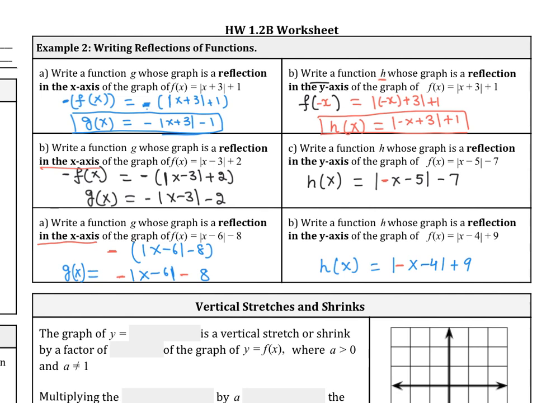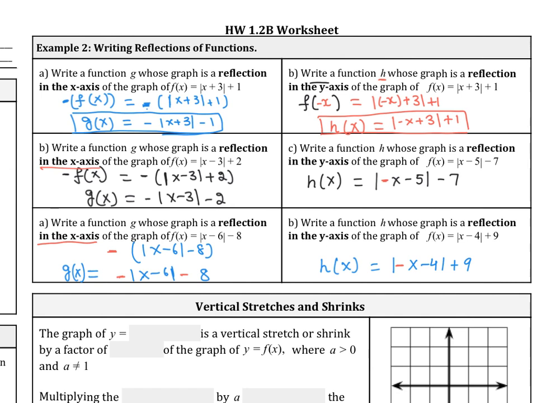On the next example, write a function whose graph is a reflection in the y-axis. We multiply only the x value by negative, and you get the absolute value of negative x - 4, plus 9, and that's your reflected graph over the y-axis.